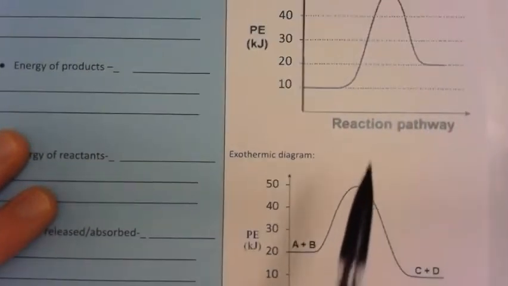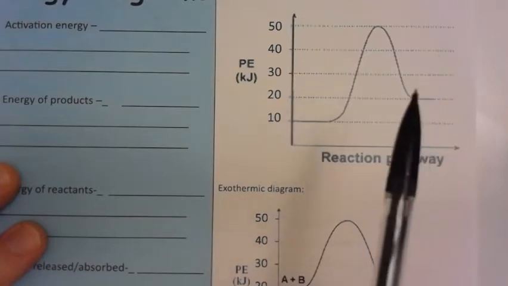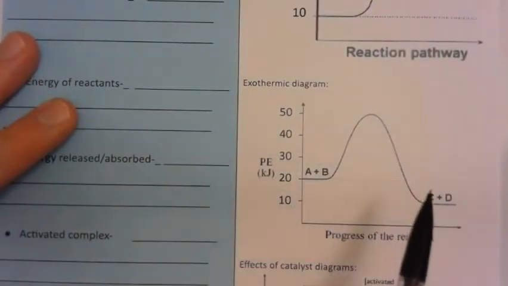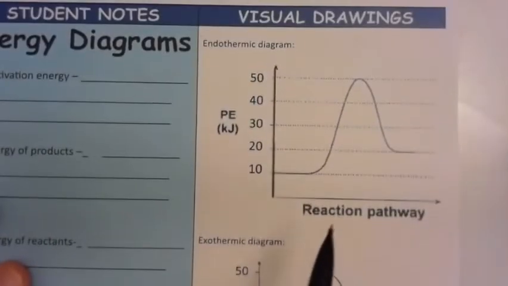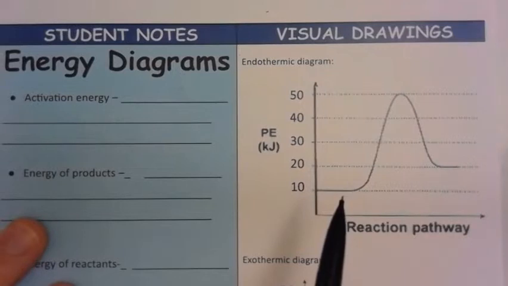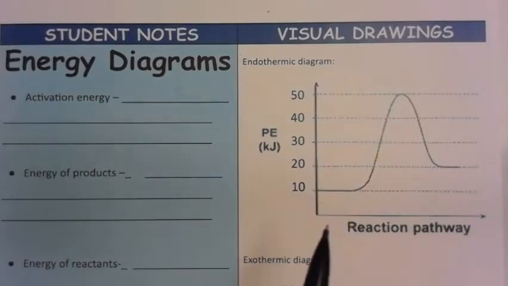We'll see that the difference there is that the endothermic starts lower and ends a little bit higher, and the exothermic starts higher and ends a little bit lower. And so we're going to talk a little bit about the specifics and where these numbers line up. So you'll be given either a blank graph and have to sketch the pathway, or you'll be given the pathway and have to identify the information presented.